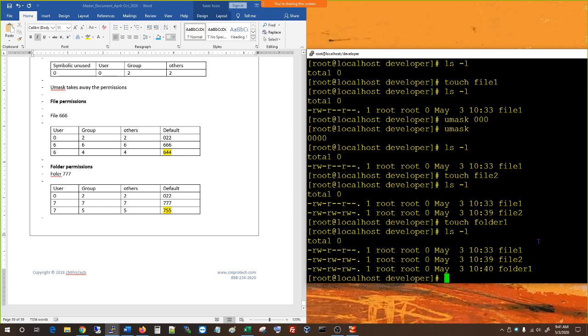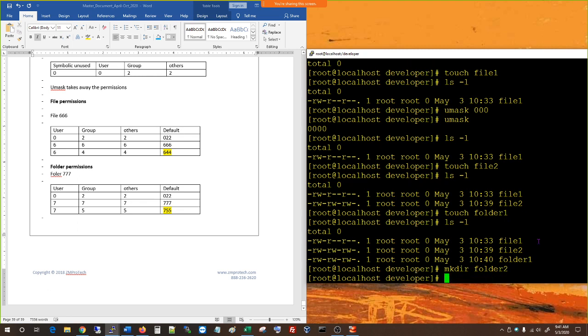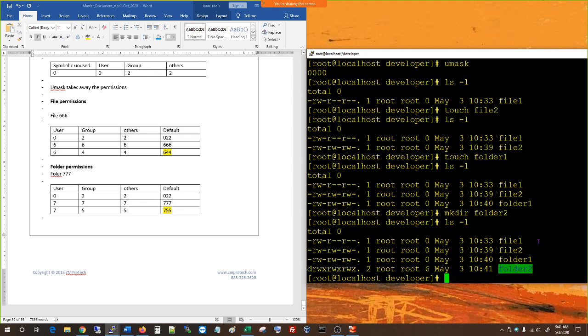But you should have it for a folder here. Folder 1. Okay, so it did give the full permission for the folder here, because the folder already has the execute permission.